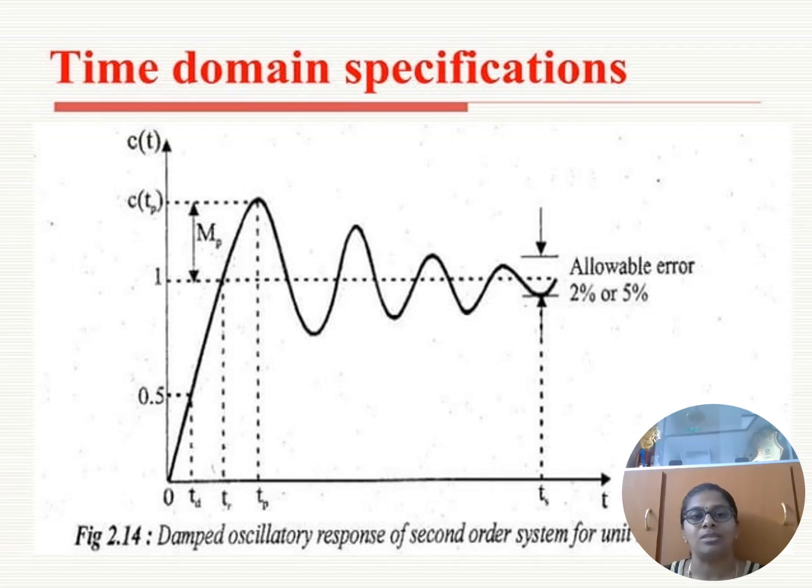This time response analysis is used in biomedical applications like ECG, EEG, and medical imaging systems. It helps in designing accurate and reliable biomedical instruments and control systems like pacemakers and ventilators.